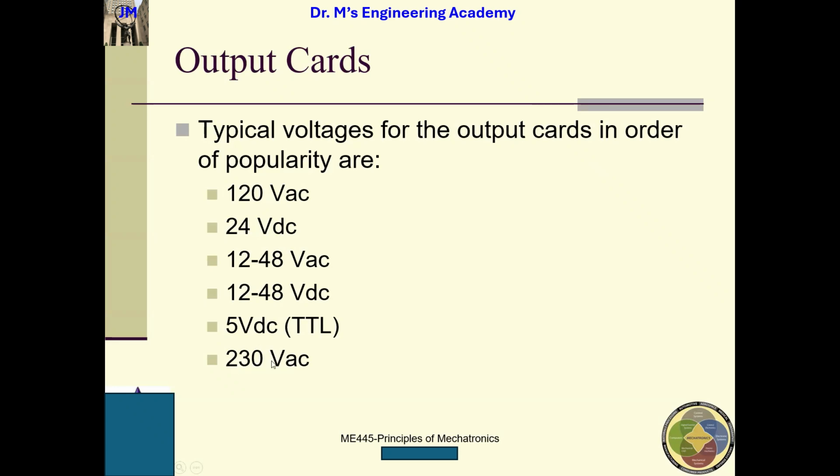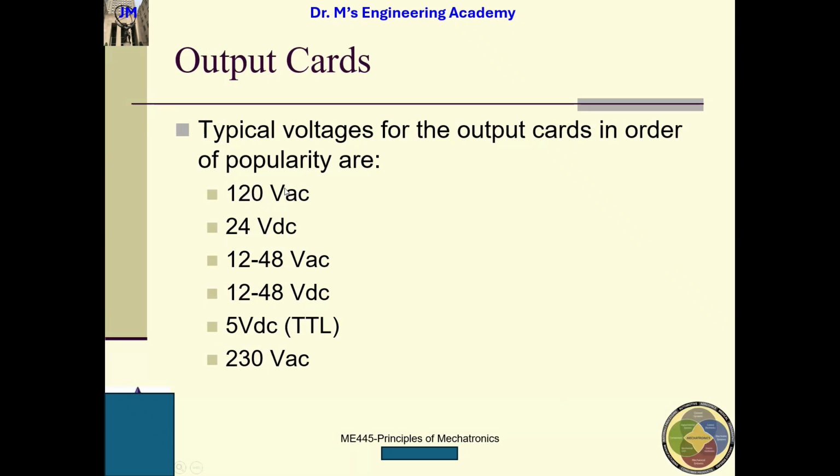This 230 VAC is usually for heavy duty devices. For example, the water heater, dryer and refrigerator are driven using this one. But for commonly used ones, we usually use 110 or 120 VAC.